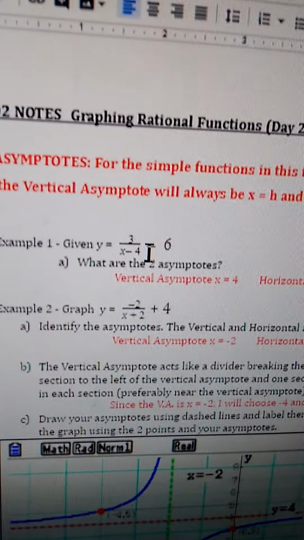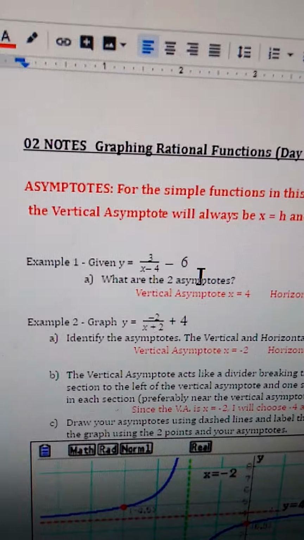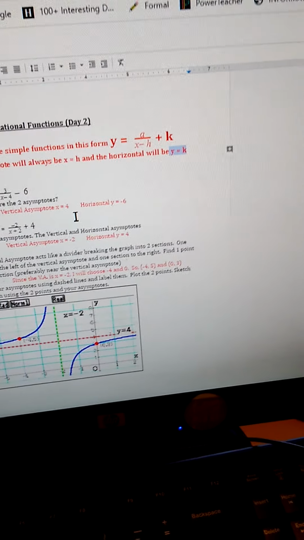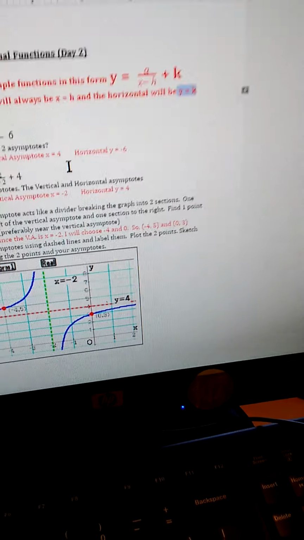So, a very quick example. I have 3 as my a value. All that does is take it and stretch it. Let me talk a little bit more about the parent function quickly, just briefly.